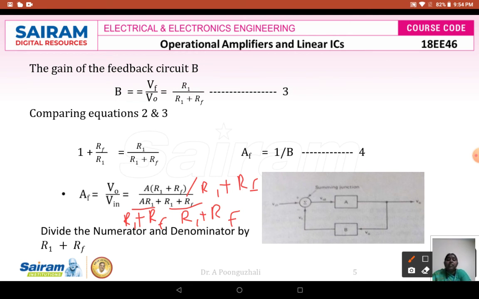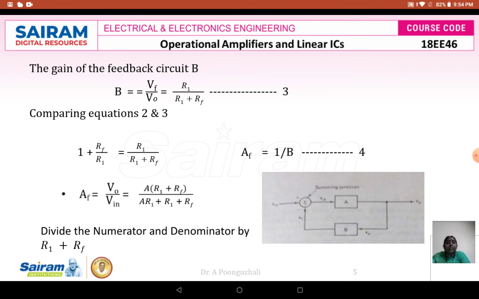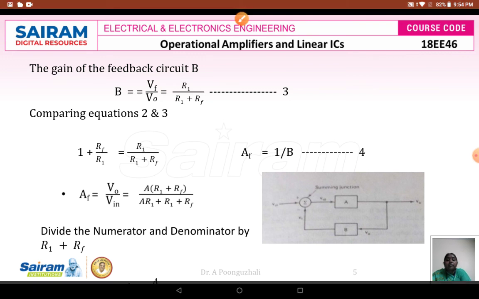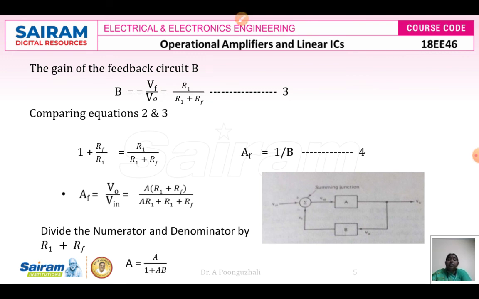So finally my expression is going to be A divided by 1 plus A into B. This is equivalent to AF. So that is what we are going to get here. So you can see your AF is equivalent to A by 1 plus AB. So this is your closed loop gain in terms of your feedback voltage gain.